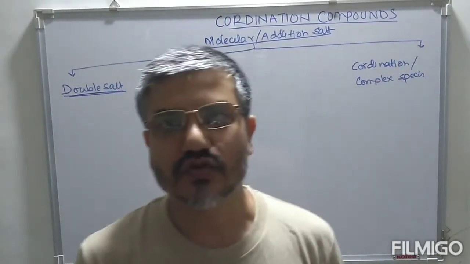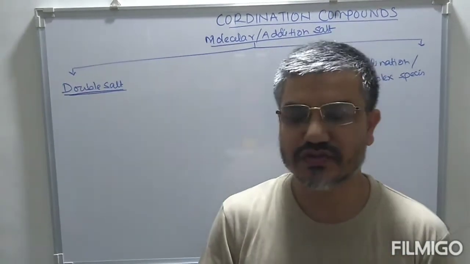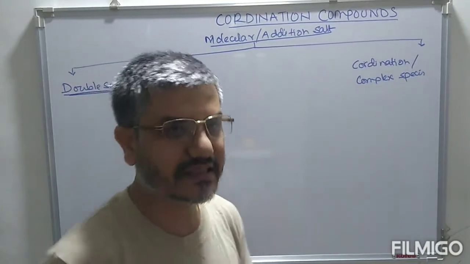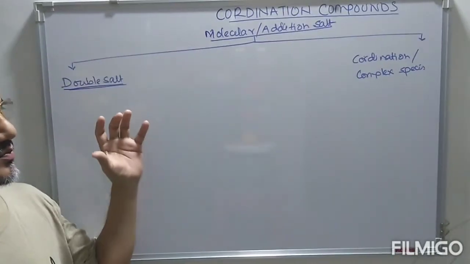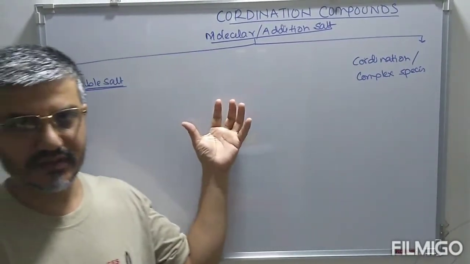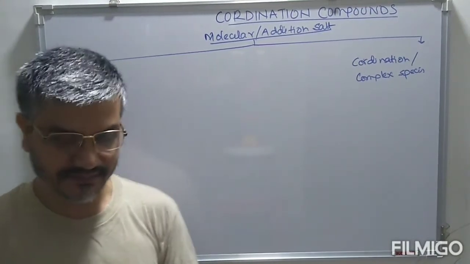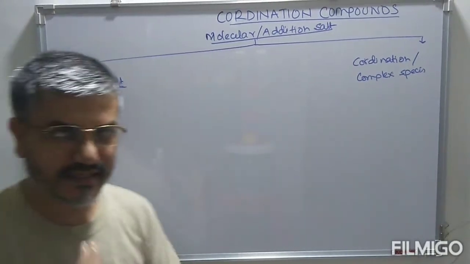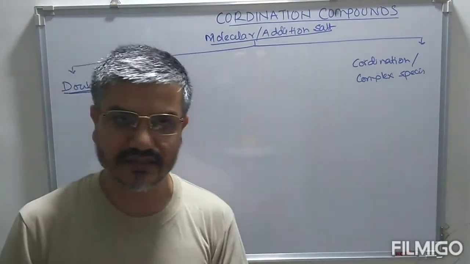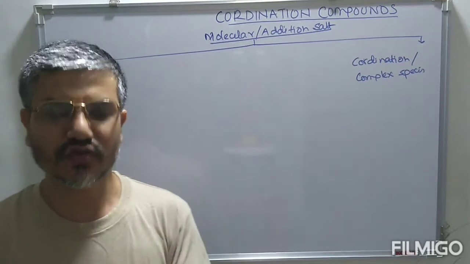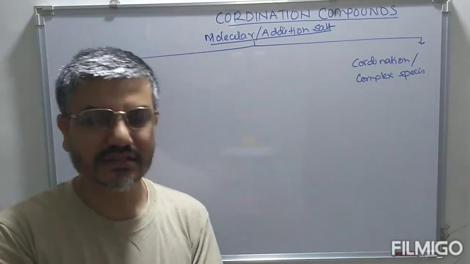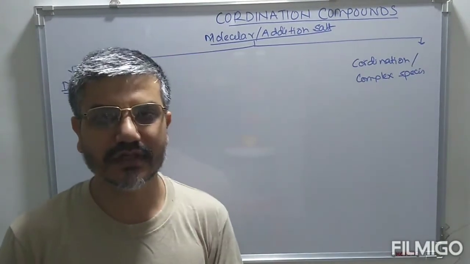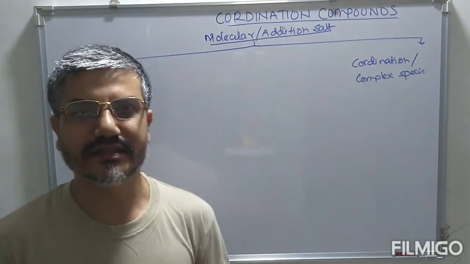These double salts are those types of substances which retain their properties only in the crystalline state. These types of salts retain their identity only in the crystalline solid. Once this crystalline compound is dissolved in water, it loses its identity.